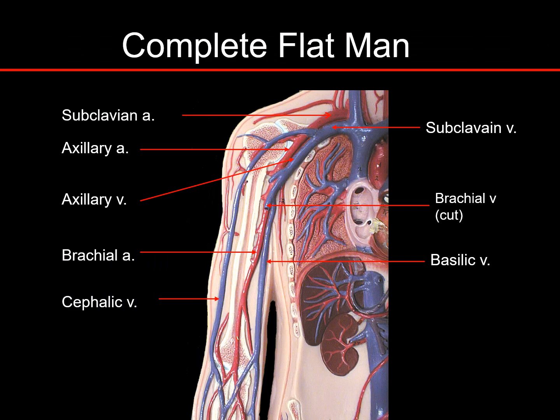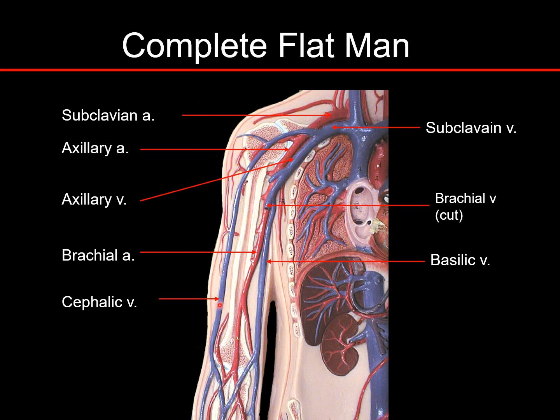So now let's look at the whole arm all together. Okay. So if we look at all of our arteries and veins, we're not looking quite at the forearm, but once we reach that elbow region, there's the median cubital there, and it continues as the basilic vein, merges with that brachial vein, okay, up to the subclavian.